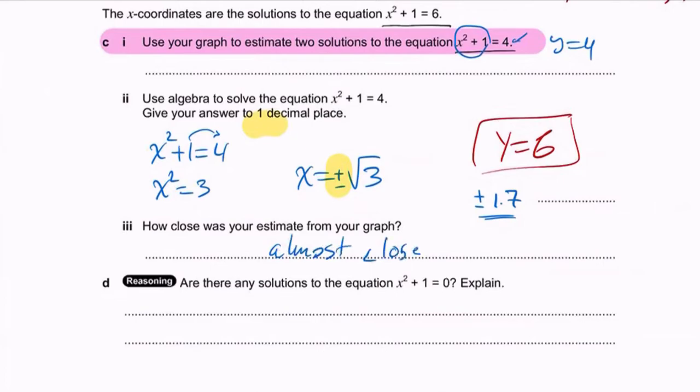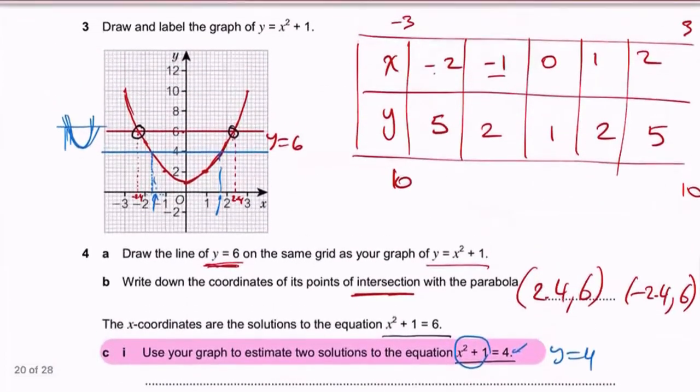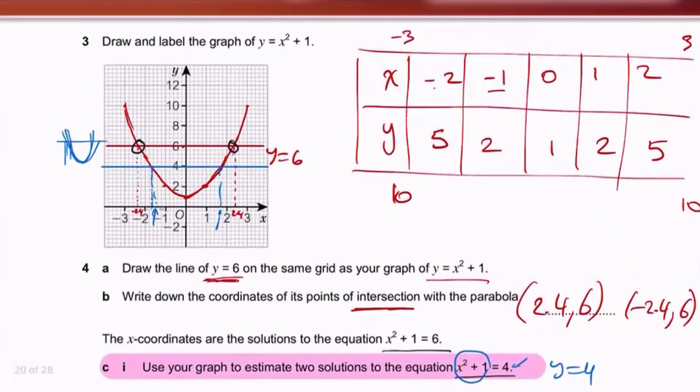Are there any solutions to the equation x squared plus 1 equals 0? Explain. This is my graph, y equals x squared plus 1. Let us draw 0. It means y equals 0. Where is y equals 0? We said last time, y equals 0 is what?